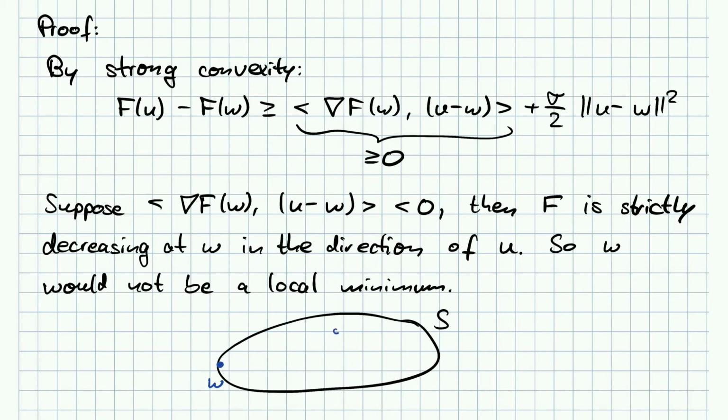But if you take this as your other point u, and this dot product was negative, then we would actually have a decreasing function, at least at the very beginning here. So this would be a contradiction to f having a local minimum at w.